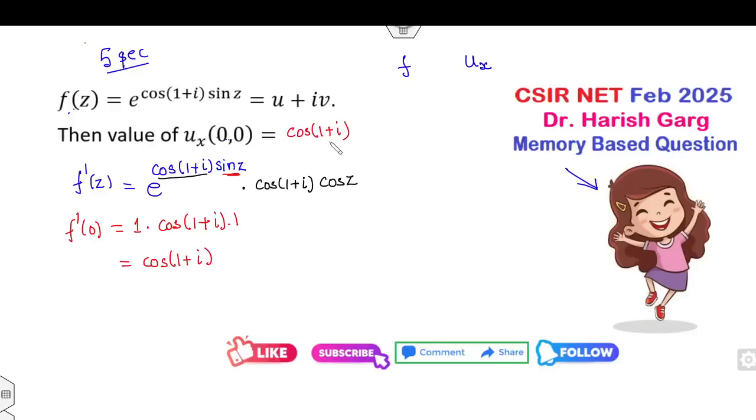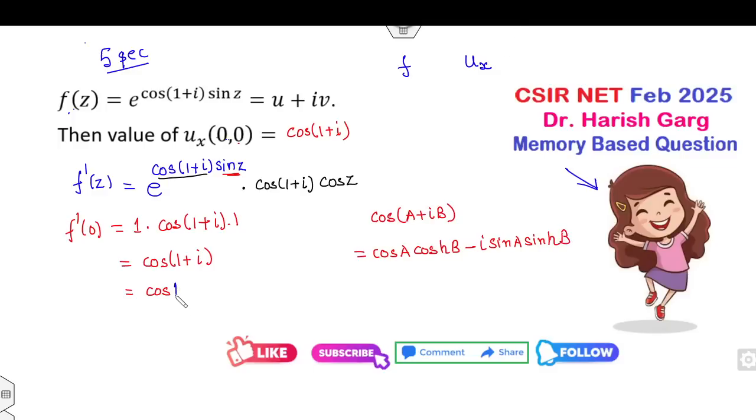But because it has a real component and some imaginary part, I can open this bracket. What is the formula of cos(a plus iota b)? That will be cos a cos hyperbolic b minus iota sin a sin hyperbolic b. Fine.